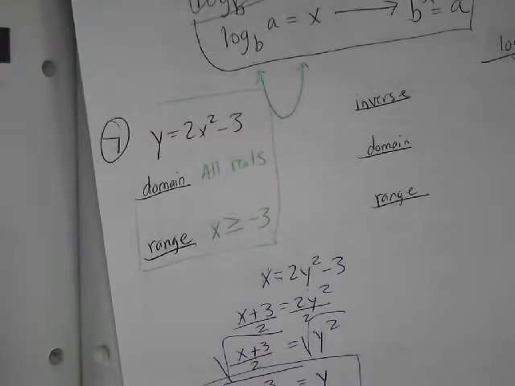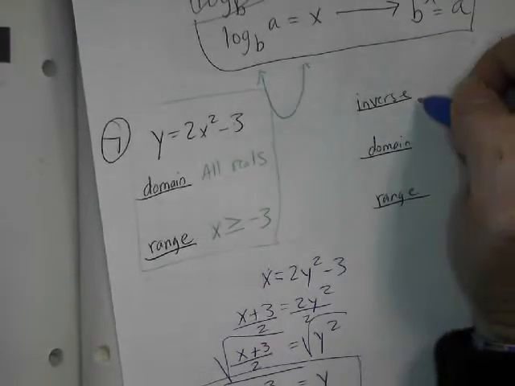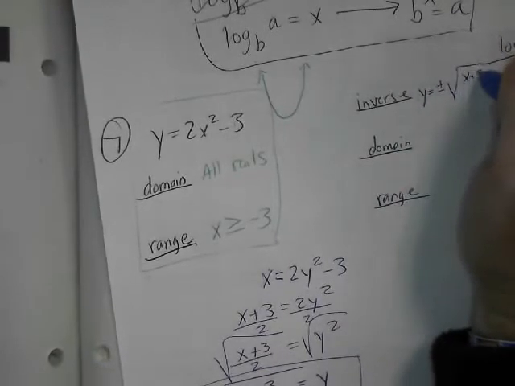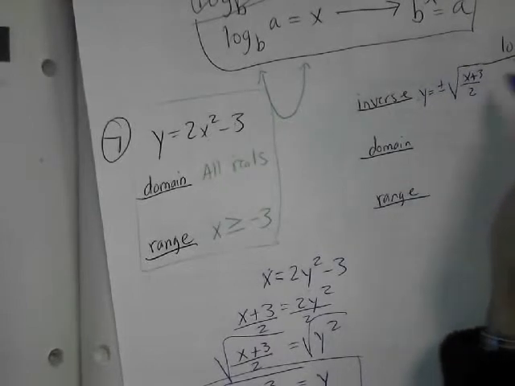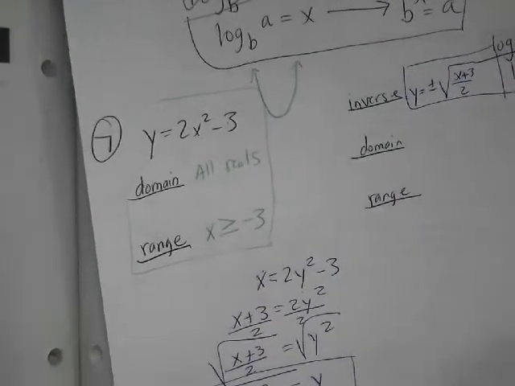So what are we asked to do? So we can just write this. This is the equation of our inverse. So it's y equals plus or minus the square root of x plus 3 over 2. That's the equation of the inverse. What is the domain, do you think, of this inverse?